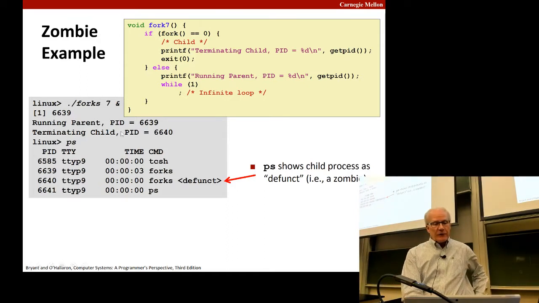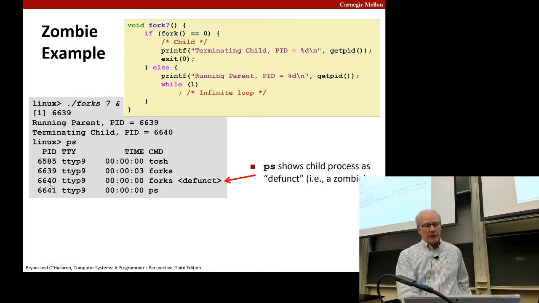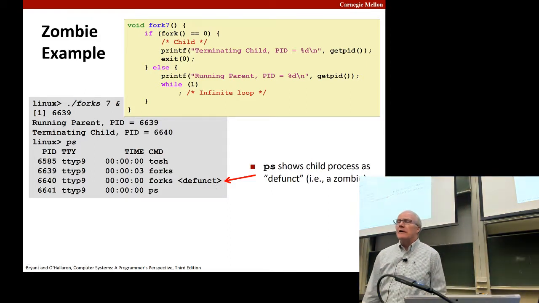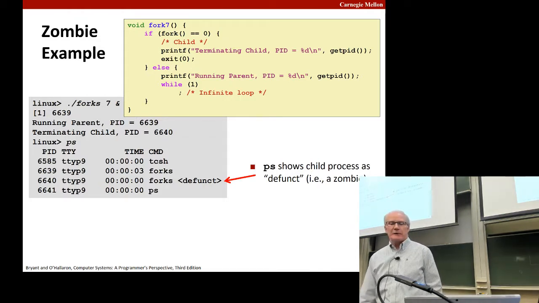And you'll also see that the program said the child has process ID 6640. So here we see two processes, 6639, which is the parent, and 6640, which is the child. And here the notation that it's defunct is an indication this is a zombie process. It's terminated, but its resources haven't been reclaimed yet. It's not yet been reaped.